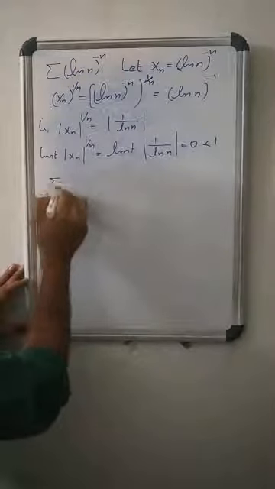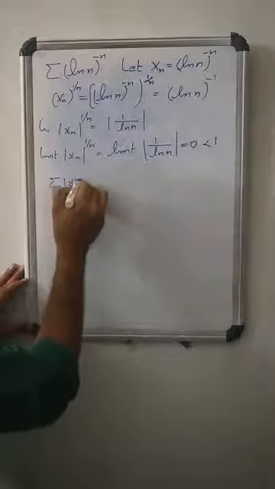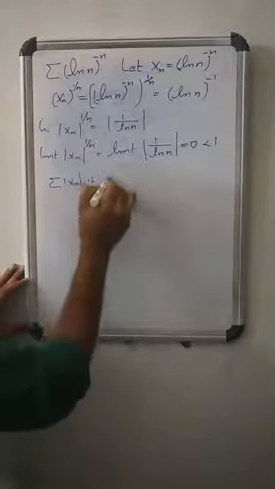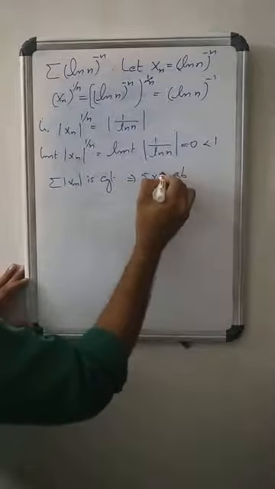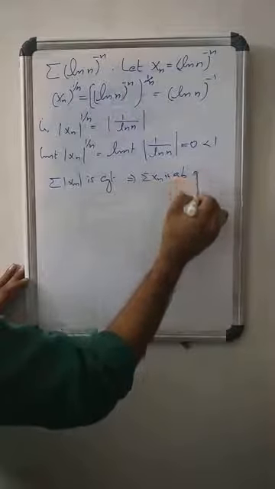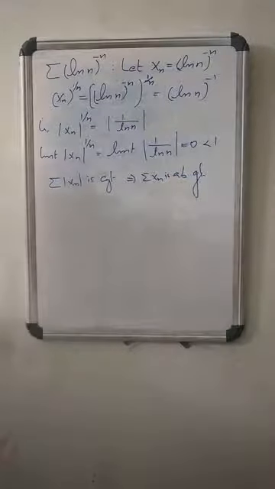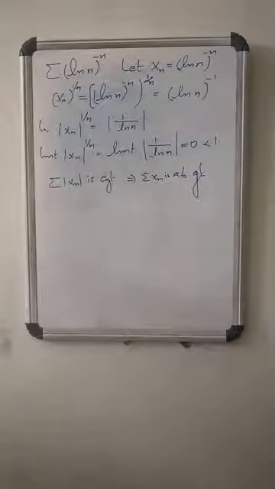When r is less than 1, sigma modulus of xn is convergent. That means sigma xn is absolutely convergent. So the series sigma (log n) to the power minus n is absolutely convergent. Agreed.